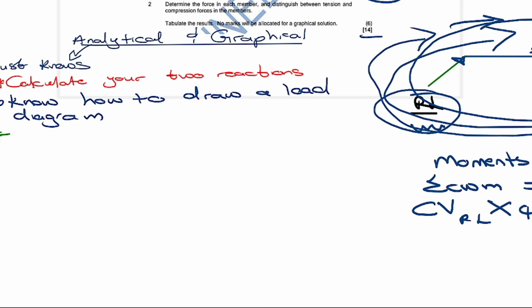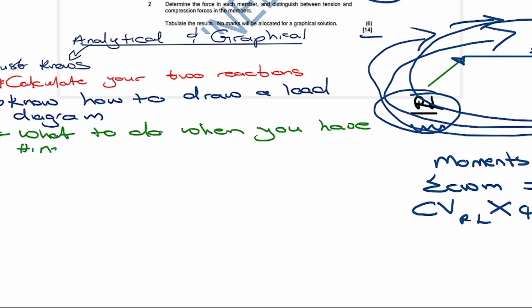The following thing that you need to know is what to do when you have a hinge, or when you have wind loads.